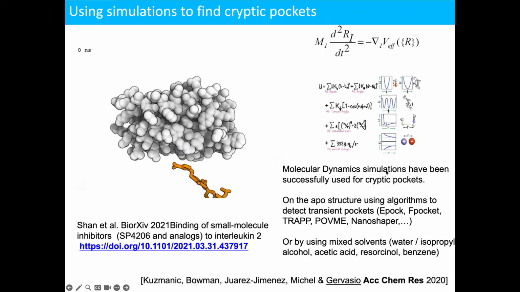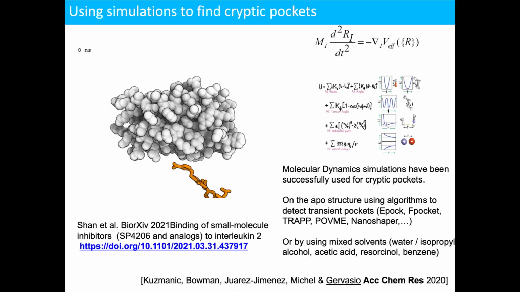So once you have the simulation of your, for instance, apo structure, you can use algorithms to detect transient pockets. And there are a number, like Epock, Fpocket, TRAPP, POVME, NanoShaper, etc. One problem is that if you run a long simulation of your target without ligands, these transient cavities do not open up.